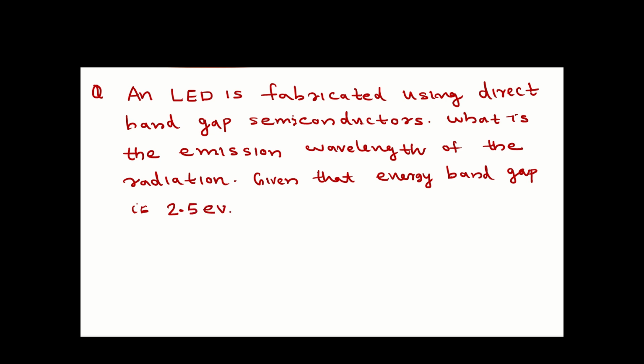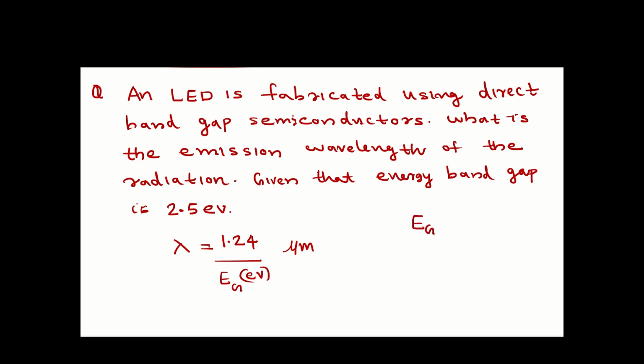Okay, so in the question, we have to find out the emission wavelength of the radiation, or I can say the wavelength of emitted light, indicated by lambda, which is equal to 1.24 divided by the band gap energy in electron volt. The wavelength unit is micrometer. So remember that the band gap energy unit is electron volt, and the lambda unit is micrometer.